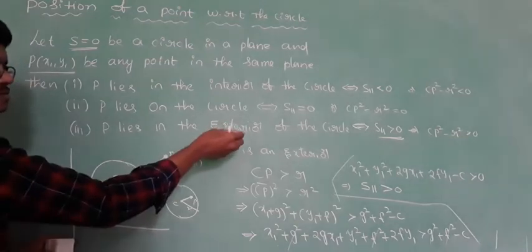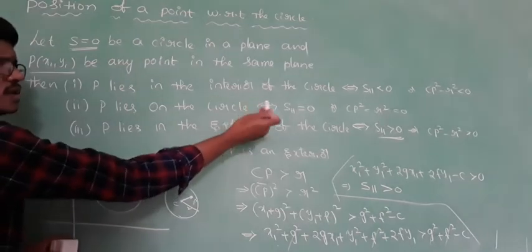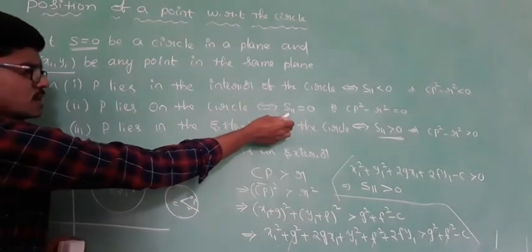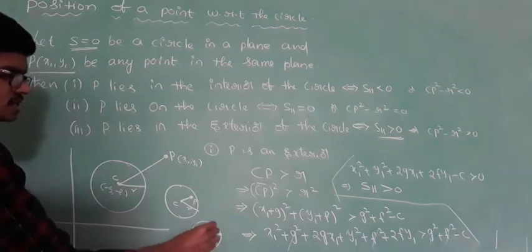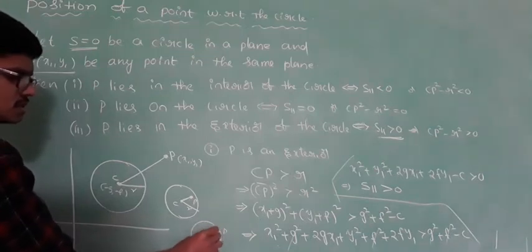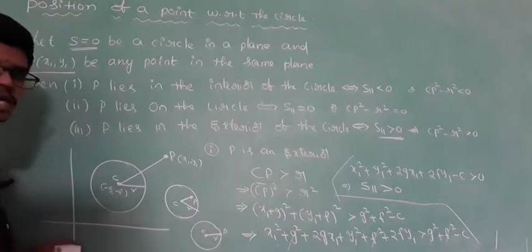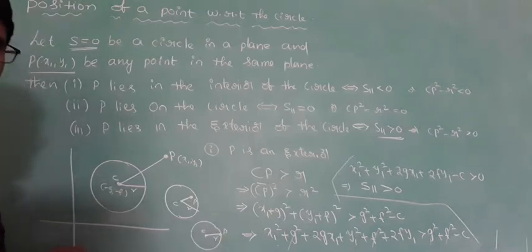If S11 is equal to 0, then P lies on the circle. That means the distance from center to the point and radius are equal. Like this, you have to find the position of a point.